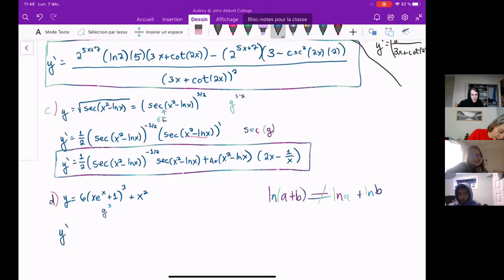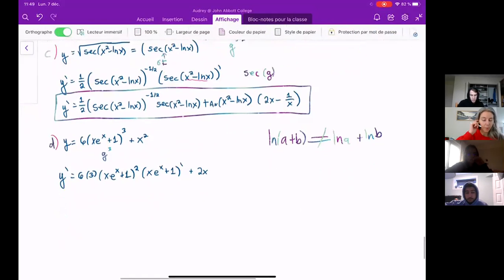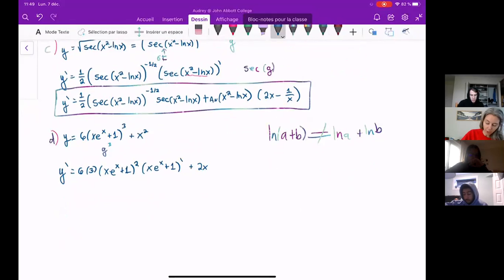So here I'll have y prime is equal to 3 times (x e to the x plus x squared) squared times (x e to the x plus x squared) prime. What's the derivative of x squared? 2x. Good. Now I have this prime. What rule do I need for this prime?